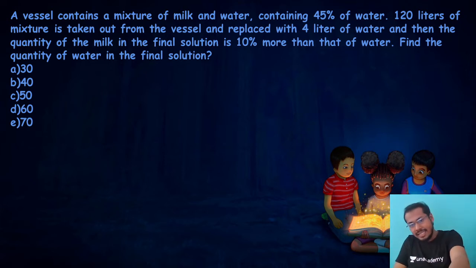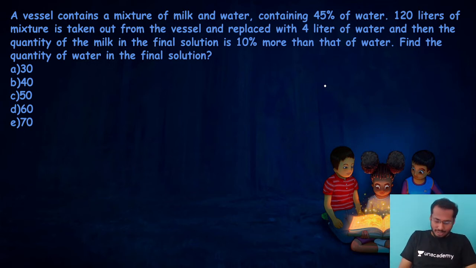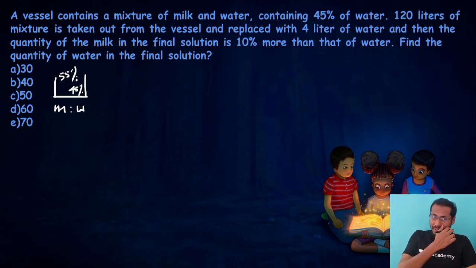Okay, listen. A vessel contains a mixture of milk and water. So let's take a vessel. This vessel contains milk as well as water. It says containing 45% of water, so 45% of water means milk will be 55%. Correct? Milk is 55% and water is 45%.